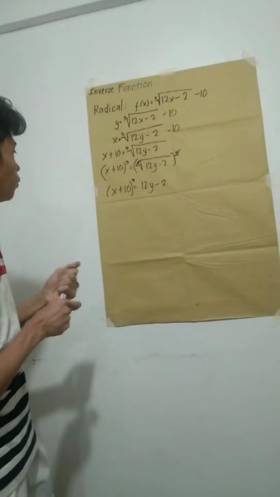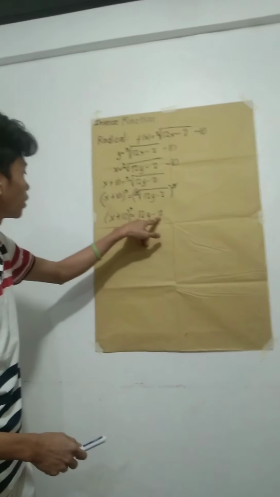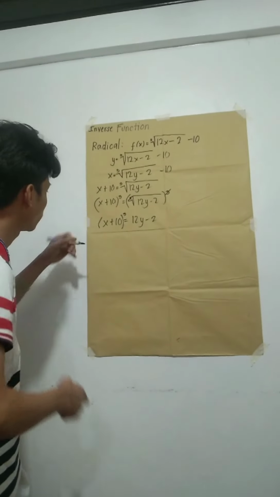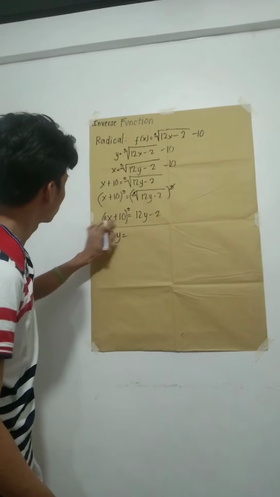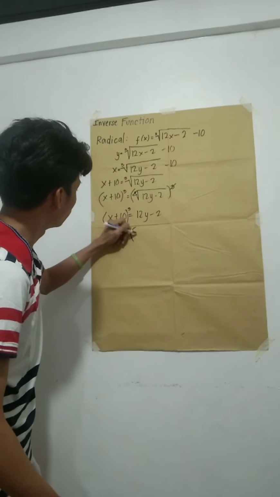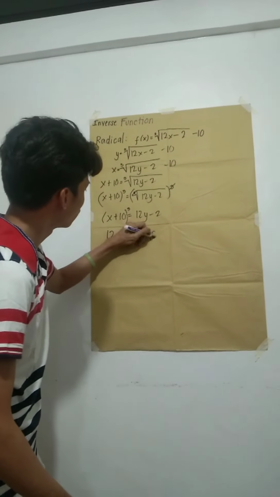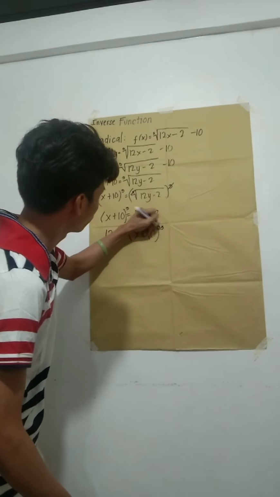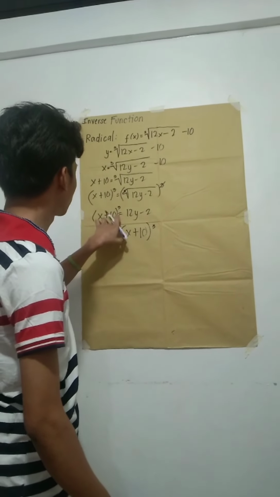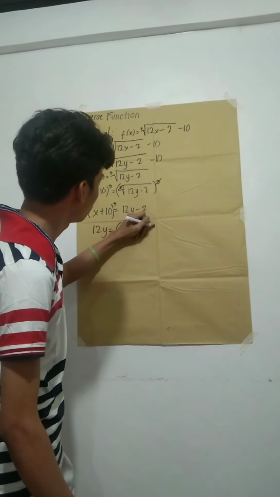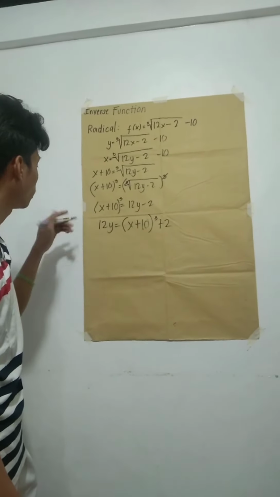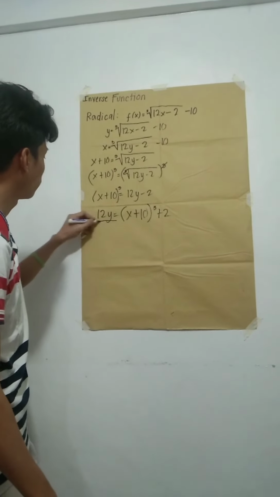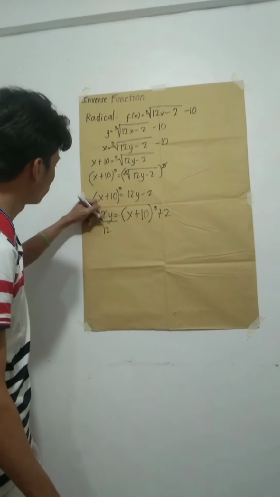Next step, we're going to move this negative 2 to this side, which is 12y equals, copy this one, (x plus 10) raised to the power of 3. We cross the equal sign, so that will be plus 2. Next step, we're going to divide both sides by 12 to remove this one.